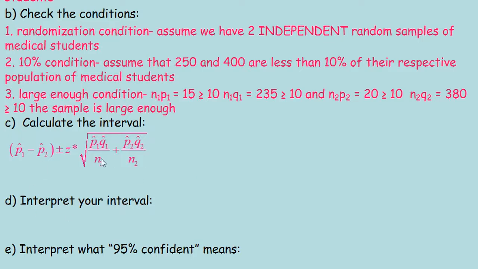The formula for the interval should be P1 minus P2, or P hat 1 minus P hat 2. So write the formula. Plus or minus Z star times the square root of P hat 1 times 1 minus P hat 1, which remember we just call Q, divided by the sample size for the first sample.